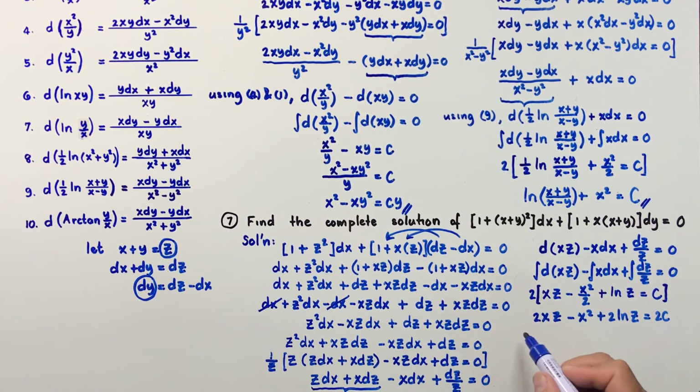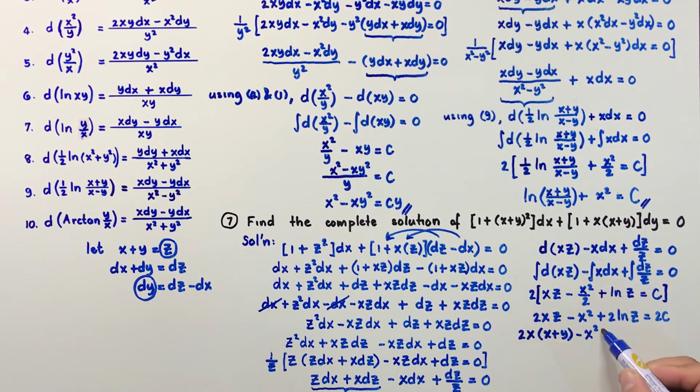And substituting back our original variables, we have 2x times x plus y, because the value of z is x plus y. And this will be subtracted by x squared plus twice the natural log of x plus y, which is equal to the constant of integration big C, because 2, which is a constant, is multiplied to another constant, so the product is still a constant.